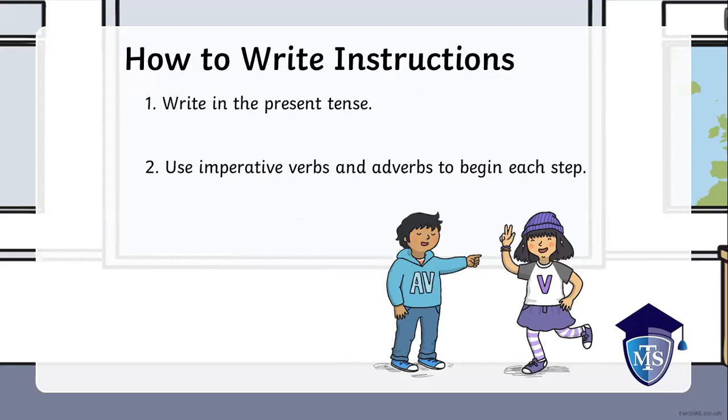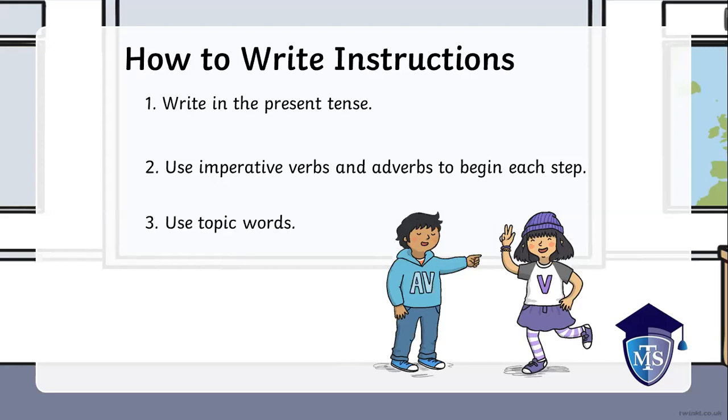Second, we have to put the verb as imperative, and use adverbs to modify each step. Like how? Like cross the road carefully. Cross is an imperative order, and carefully is an adverb to modify how we cross the road.